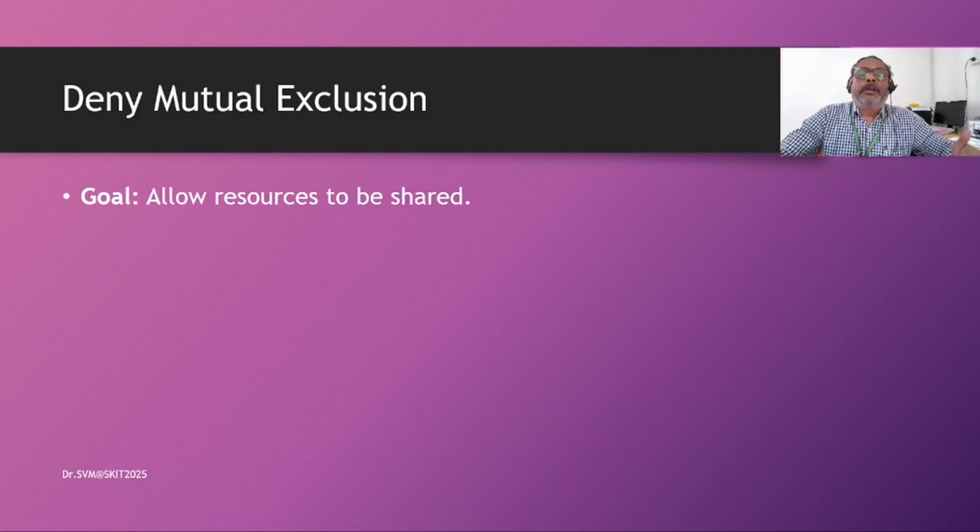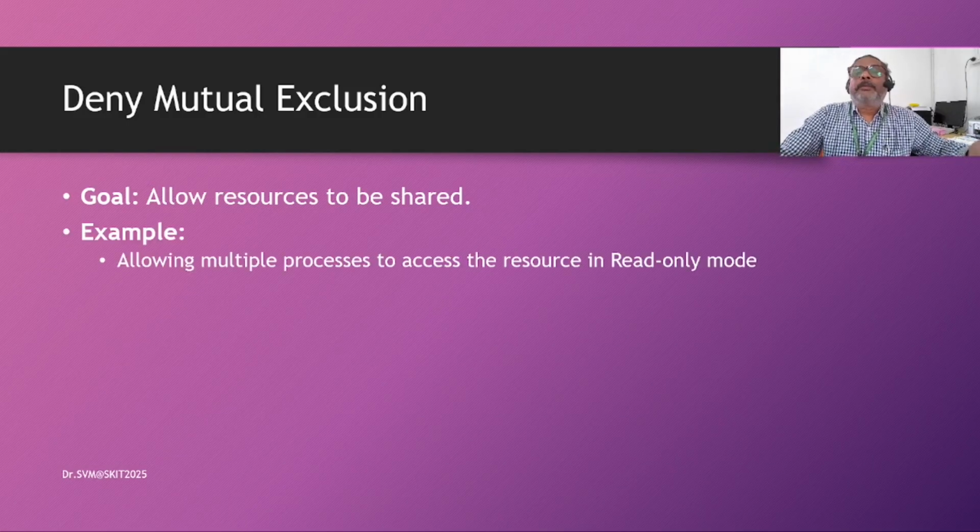So the goal now is to allow resources to be shared. Instead of saying that a maximum of one process can use this resource, can we say that more than one process can also use it? If so, then allow it. When can we do that? This can be done when you allow multiple processes to use the resource only in read-only mode.